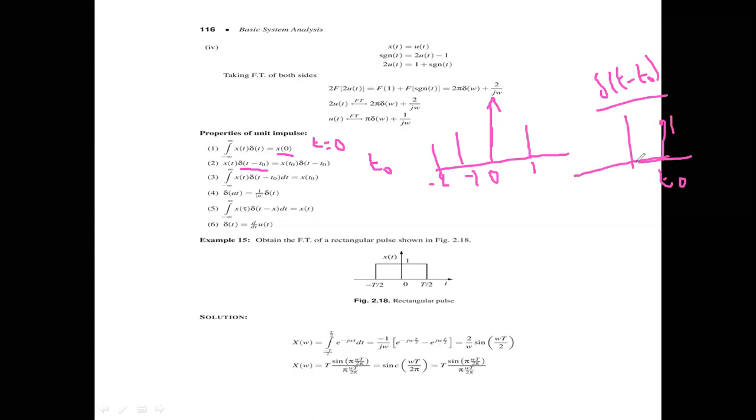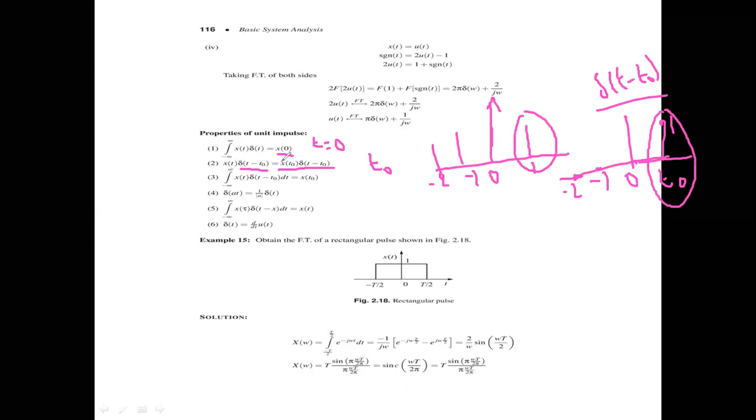That is also the one only. The remaining 0 is a 0, minus 1 is a 0, and minus 2 is also 0. So at t naught, let us say t naught is equal to 1, x of t naught and delta of t minus t naught.